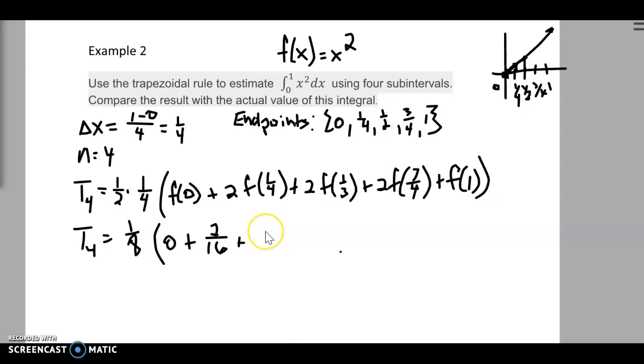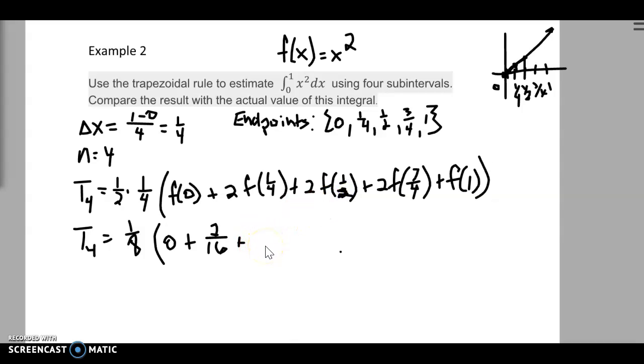plus 1/2. Whoa, that's not supposed to be 1/3. That's a 1/2, isn't it? Okay, that looks better.